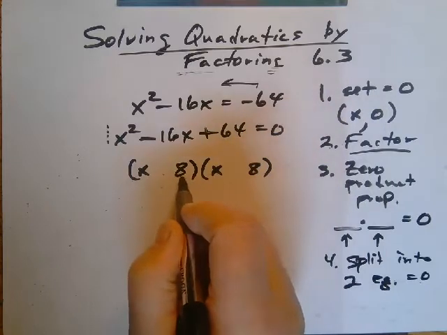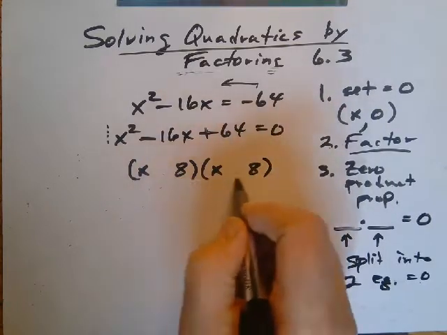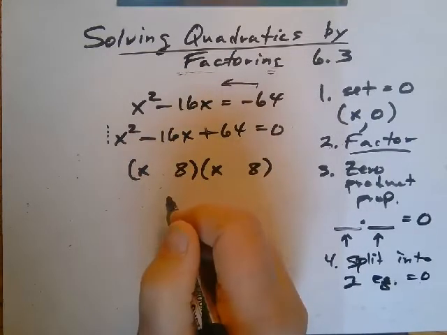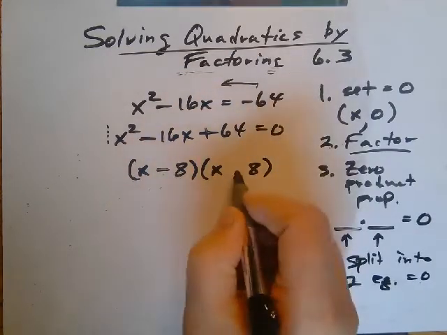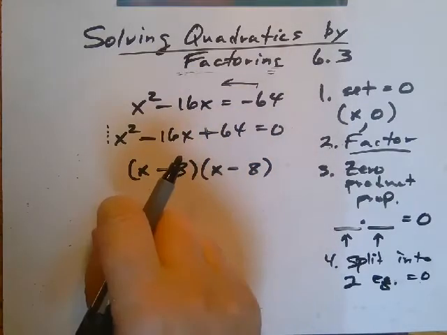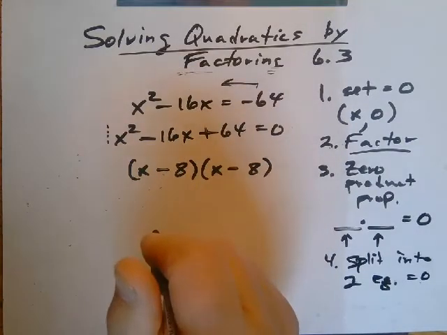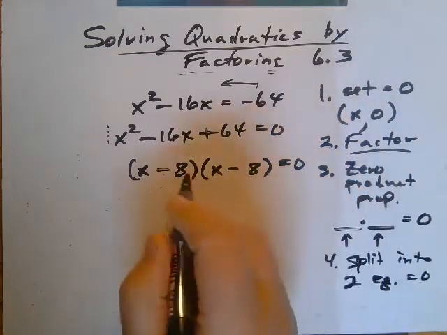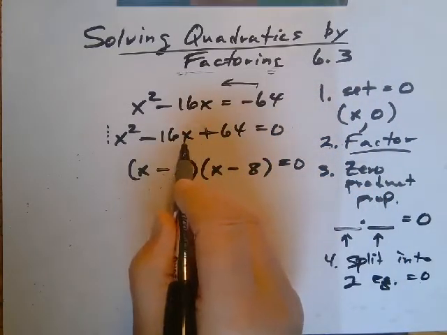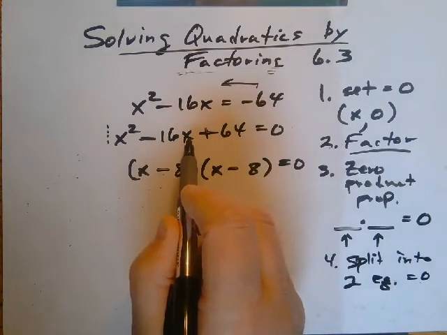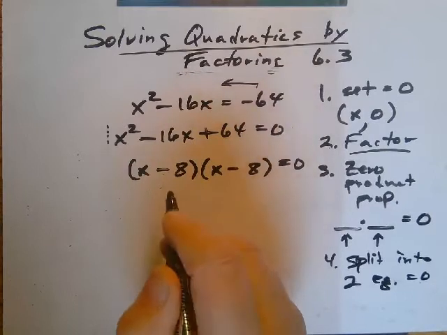And then we say, if I multiply the inner and the outer terms, do I get this middle term? Well, sure I do if these are negative. So I got negative 8x and another negative 8x. That's negative 16x. Okay, so it does factor using that particular factoring technique to find perfect trinomial squares.